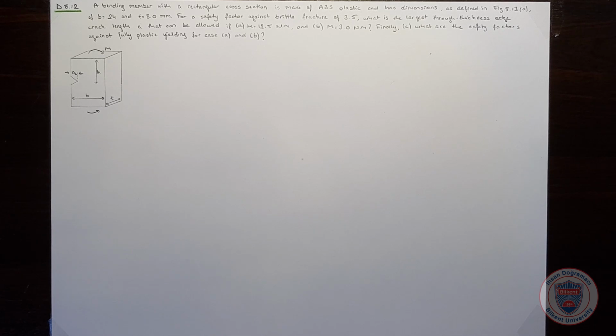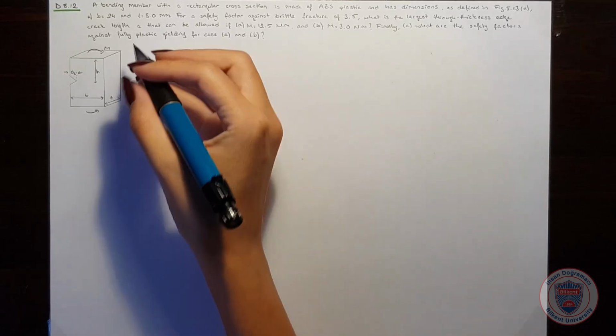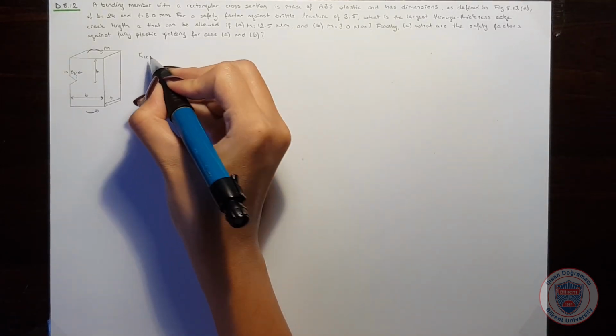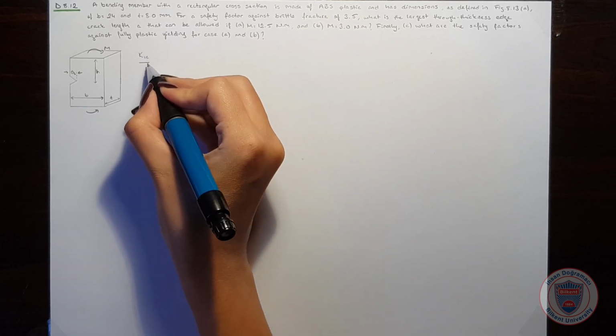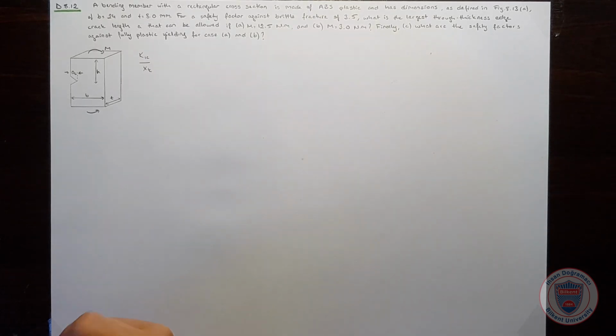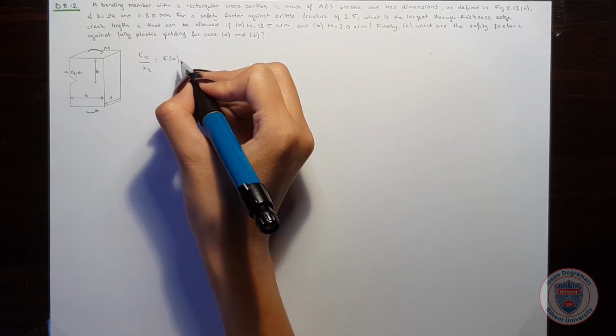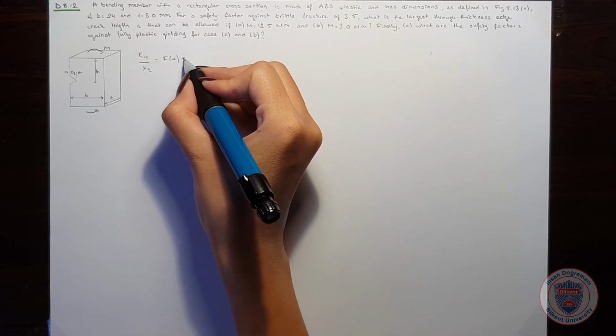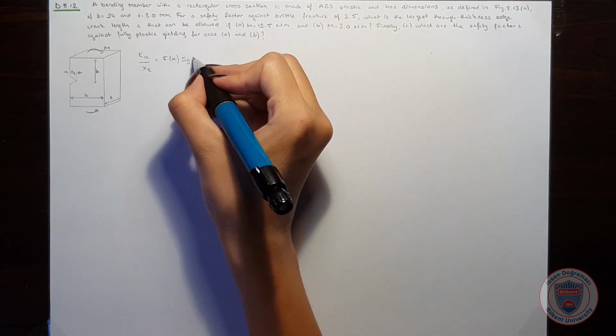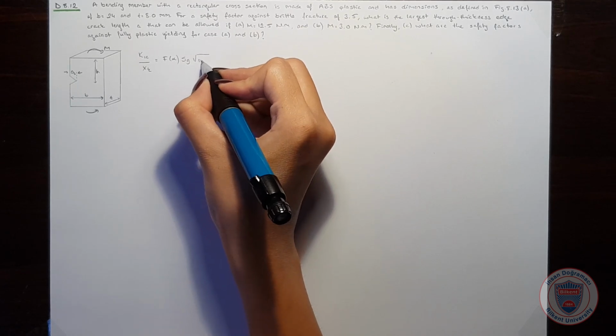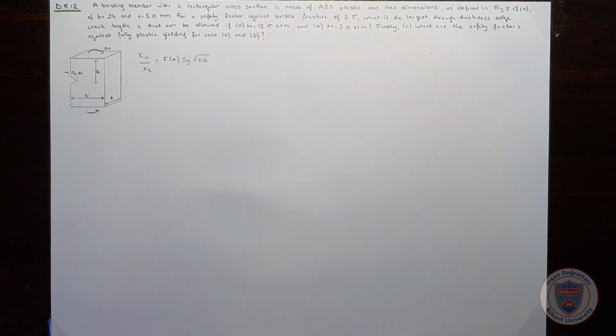Finally, in part C, our goal is to determine the safety factors against fully plastic yielding for case A and B. We know that the critical stress intensity factor over the safety factor will be equal to form factor times S gross times square root of pi times the crack length.